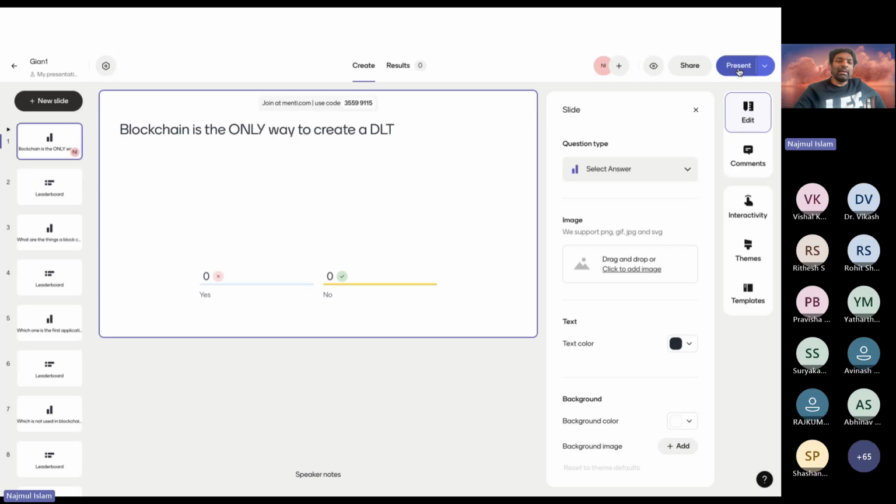So this one, most of you got it right. But still, some people thought that cryptography is not used in blockchain. Yesterday we showed you that cryptography is the foundation of blockchain, both in the hands-on and in the theory part.